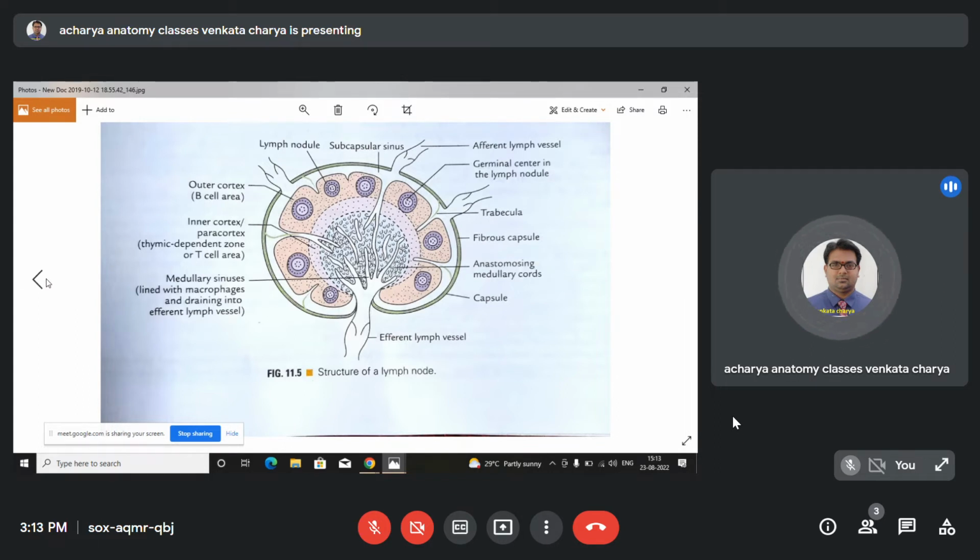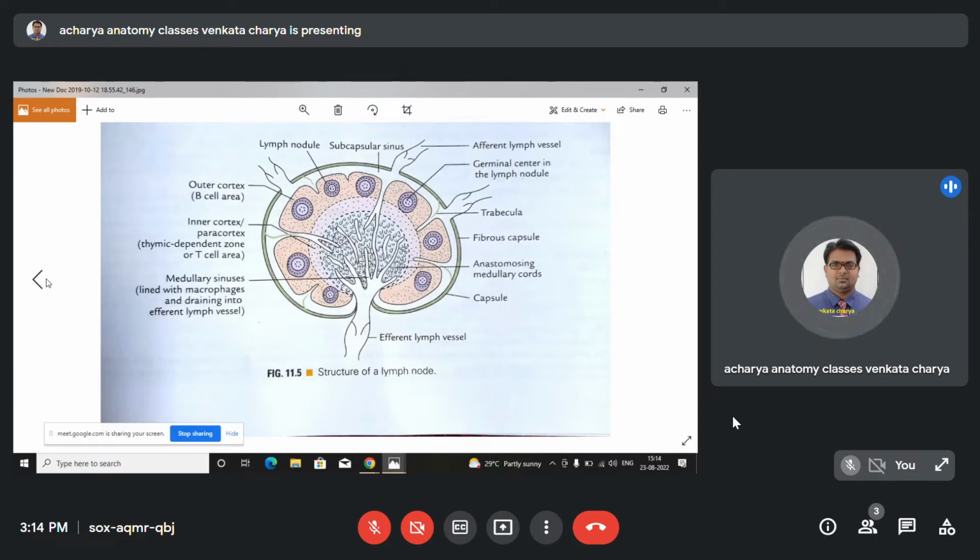After fully mature lymphocytes, they enter into the cortex. Are you getting? So this one we call a lymph nodule. In each lymph nodule there is a germinal center.